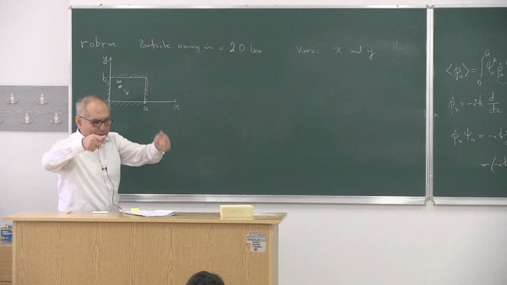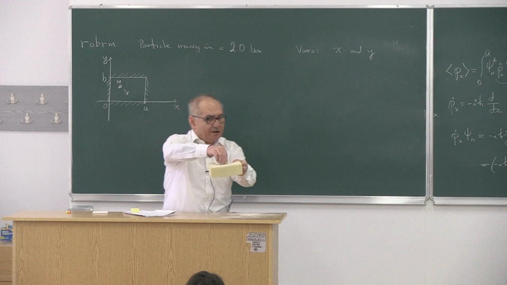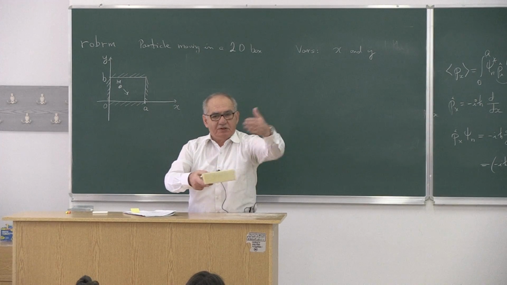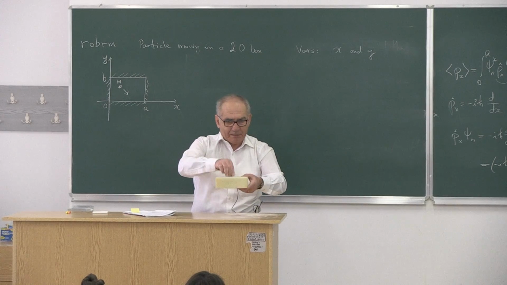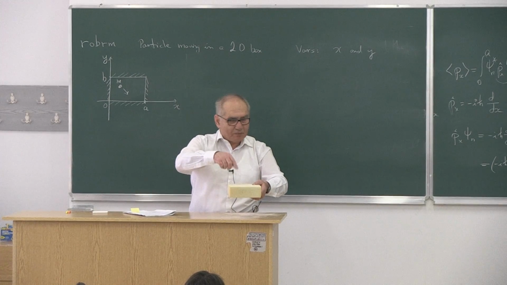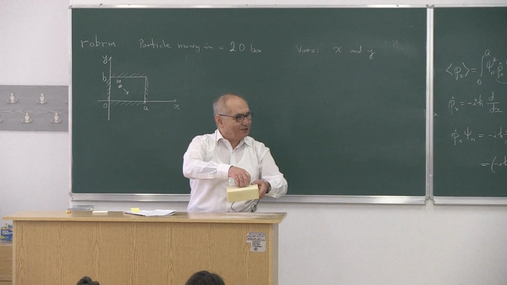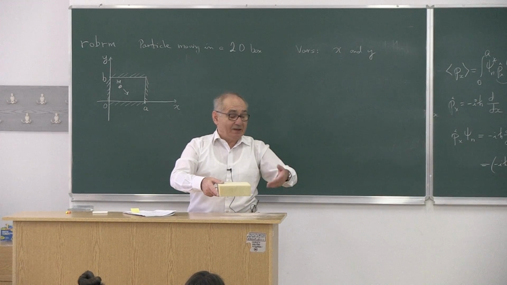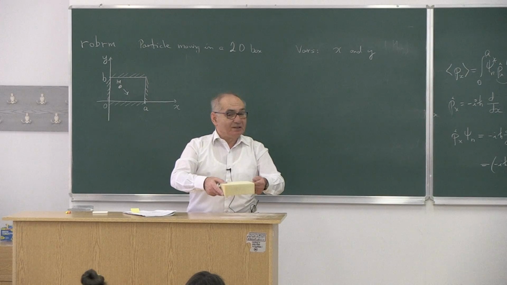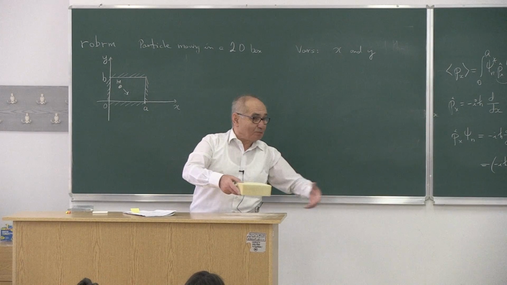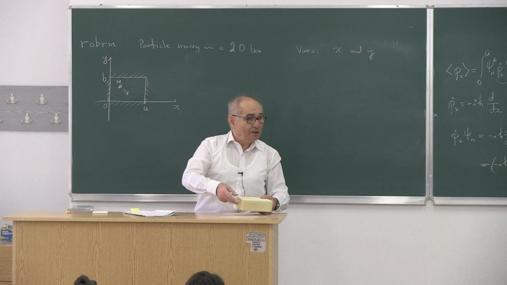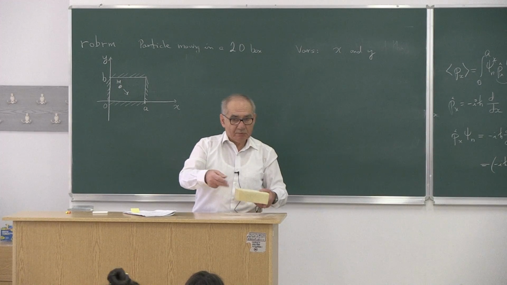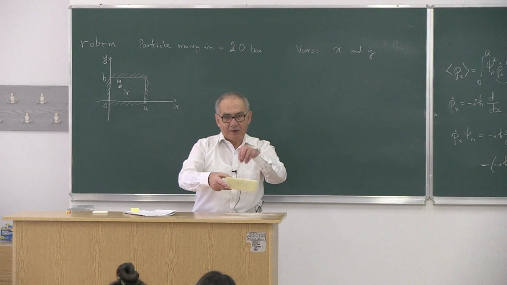The particle is trapped. The particle is inside. It cannot be on this side or this side or this side or that side. It's trapped. Probability of finding the particle inside the box is 100%. In other words, probability of finding the particle outside of the box is, by definition of the problem, 0. All right? The particle is trapped.